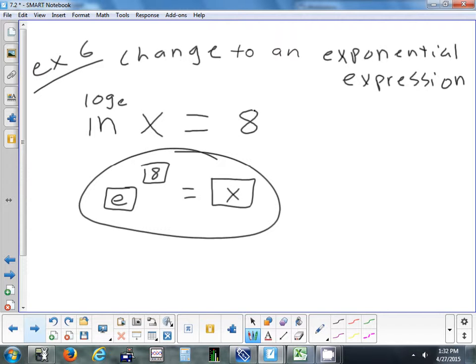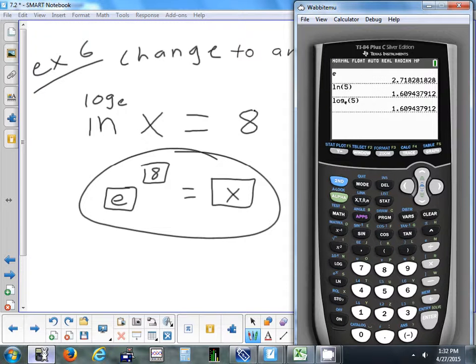So if they wanted, this is something you could type in. Make sure on your calculator you know how to type that in case I ask you to round it off. This is kind of big. Probably wouldn't have you type that in. But if they did want you to, that's how you do it on my calculator. Press second. I have a button for e.